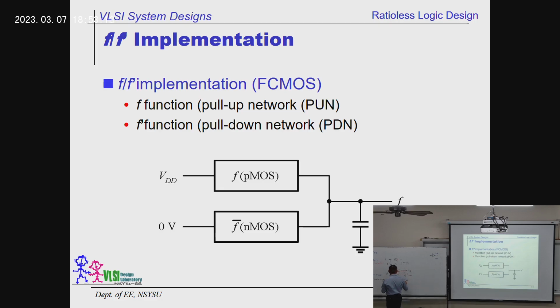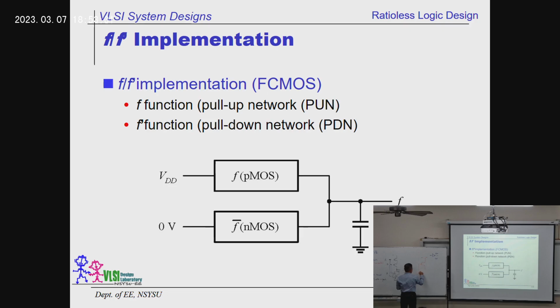Let's check this out. I'm going to erase everything here. Right now we already made sure that this one works just fine. So let's draw the inverter over here to make a comparison.